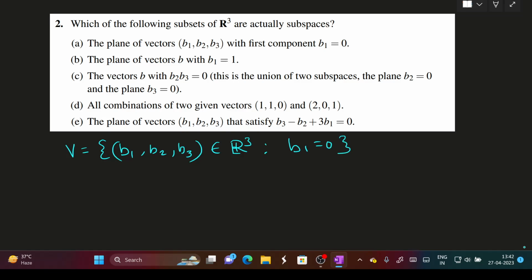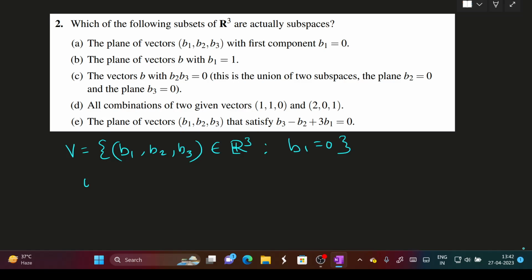Is it a vector space or not? So I have to verify three conditions: V is non-empty, V contains the 0 vector, and V is closed under vector addition and scalar multiplication.